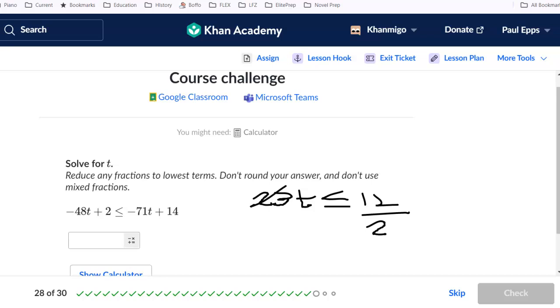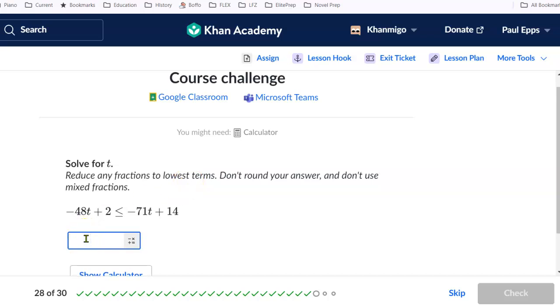And that should be t less than or equal to 12 over 23. We can't reduce that. T is less than or equal to 12 over 23.